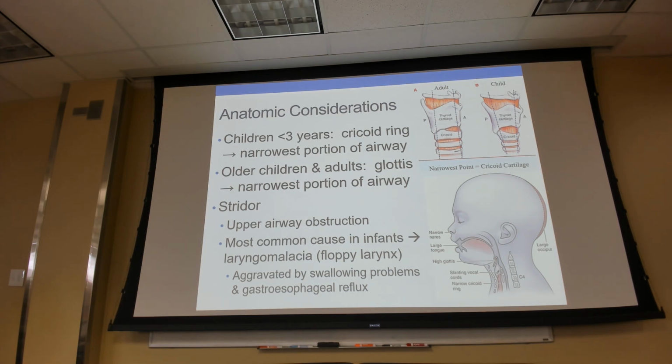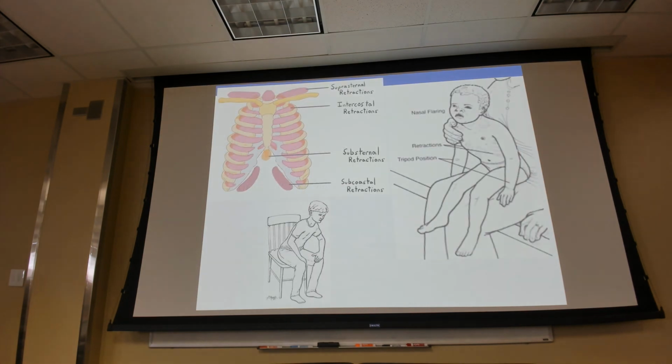Their sphincters are floppy. Their heads are floppy. So why would the larynx not be floppy as well? So when they try to inhale, you hear that stridor sound. So those are some of the anatomical differences with children.